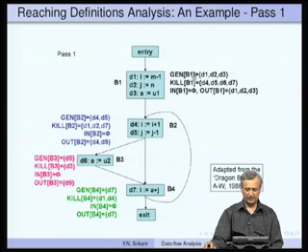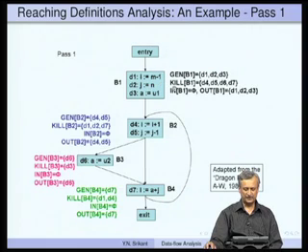So, here for example, is a nice illustration of what I just now said. See, D1 defines I, and it is not possible for the definitions D4 and D7 to enter the basic block B1 at all, because from B1 once we go out, we will not be able to come back to B1.